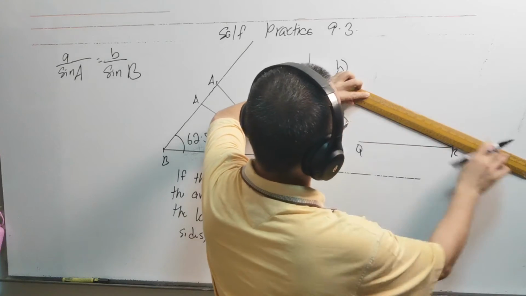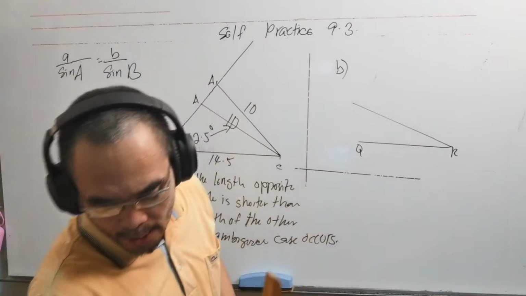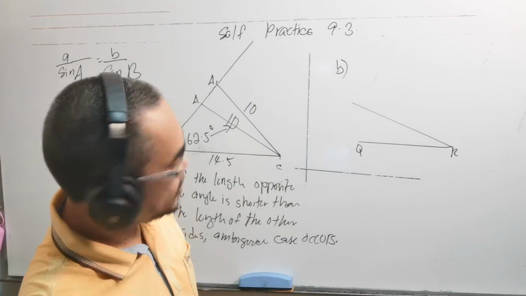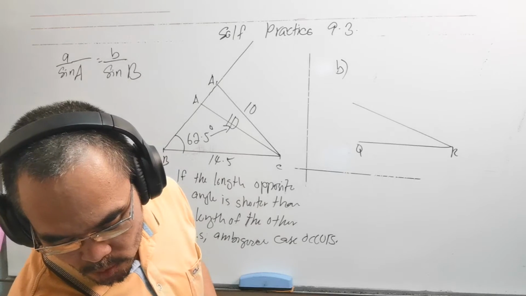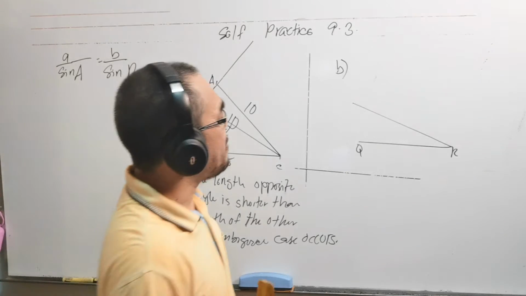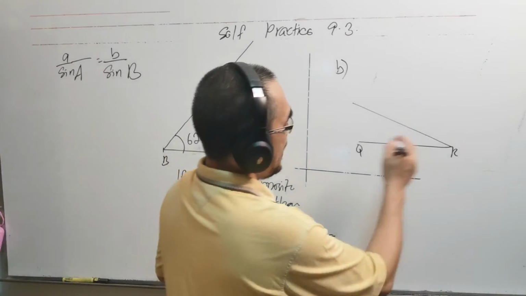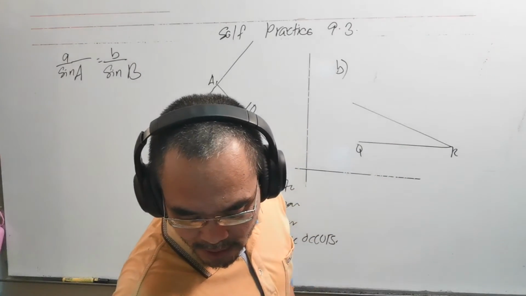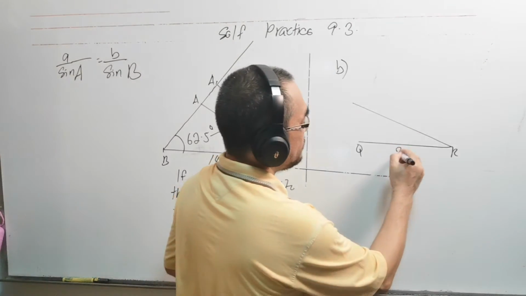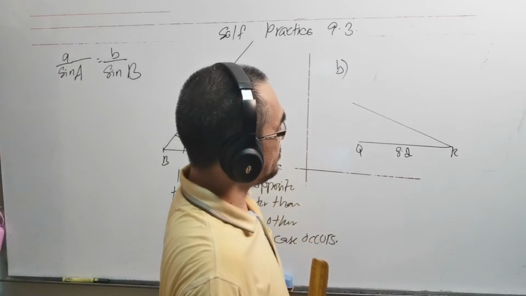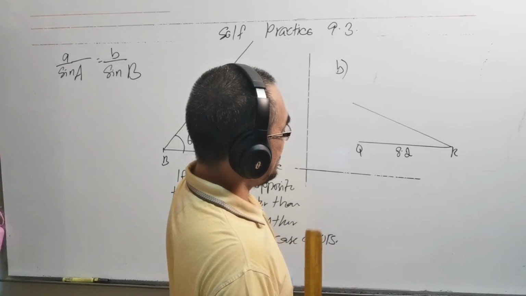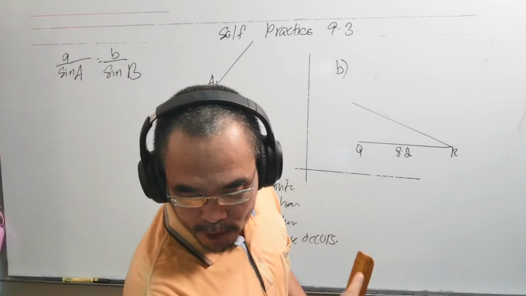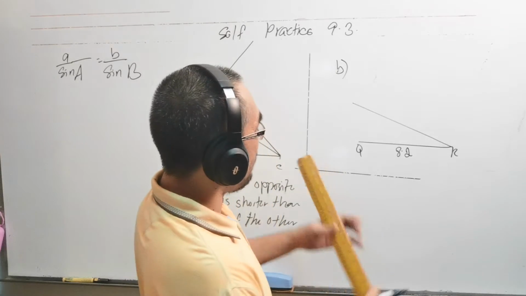Then this is the length. And then we have PQ, which is 11.4. This one is 8.2. So where is P? It has to be from Q is 11.4.